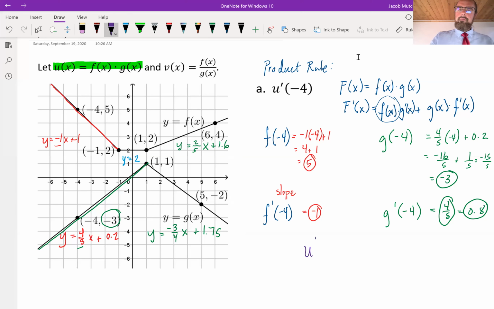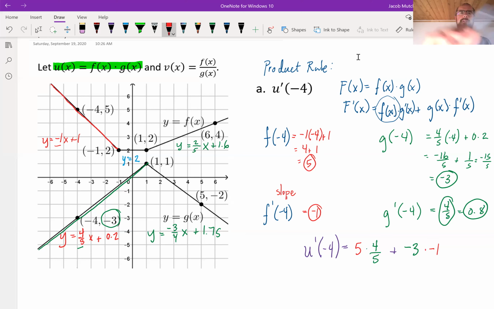The derivative of u at negative 4 is going to be, so we'll color code this, f at negative 4, and negative 4 is 5, times the derivative of g at negative 4, so that's 4 over 5, plus the value of g, so the function value at negative 4 is negative 3, times the derivative of the f function, the slope of that left-hand line on the upper function is negative 1.